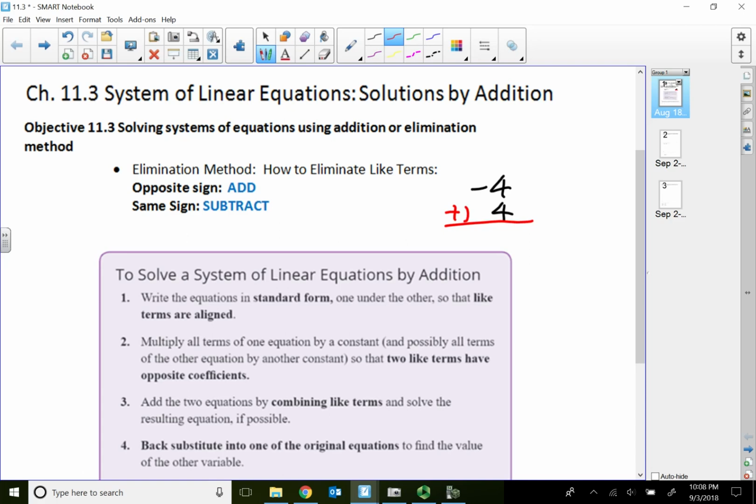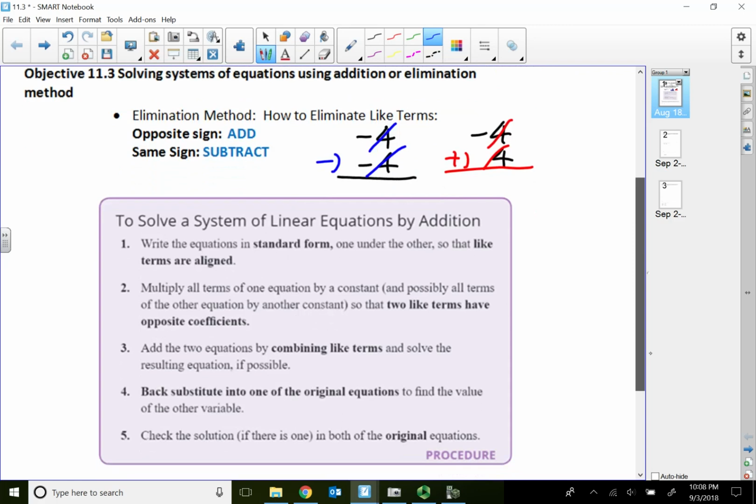If both terms have the same sign, in order to eliminate them we subtract, because subtracting the exact same thing cancels them out.